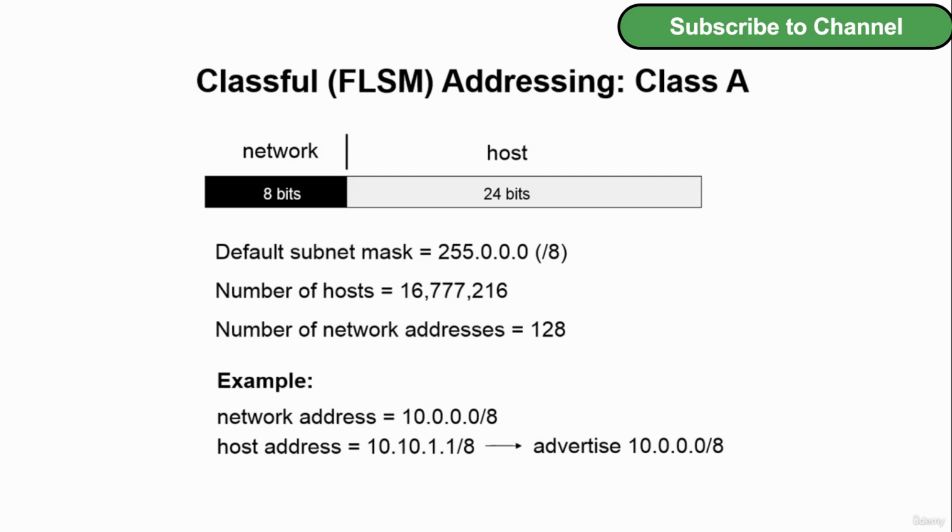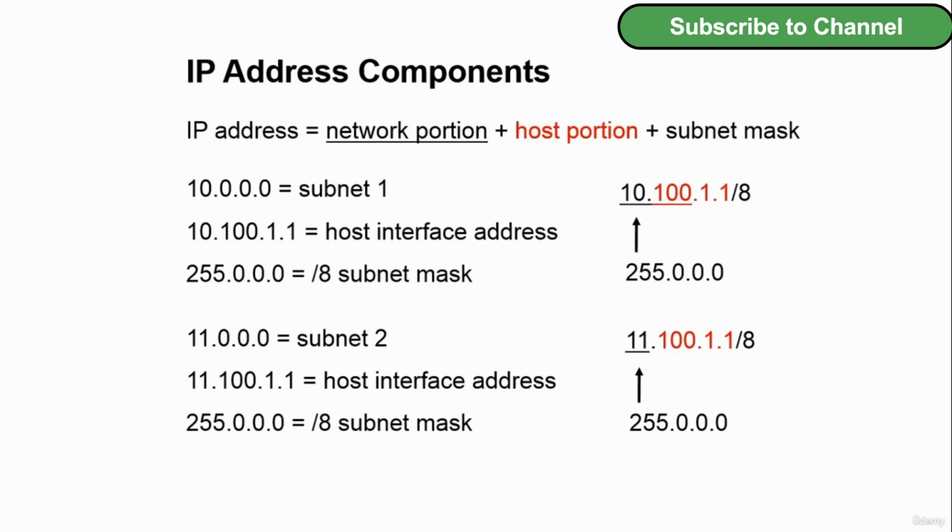So the network address will be 10, because there's the /8, so it's now subnetting the first octet. The host address will be this one here, 10.1.1, and this is what's advertised, 10.0.0.0/8.